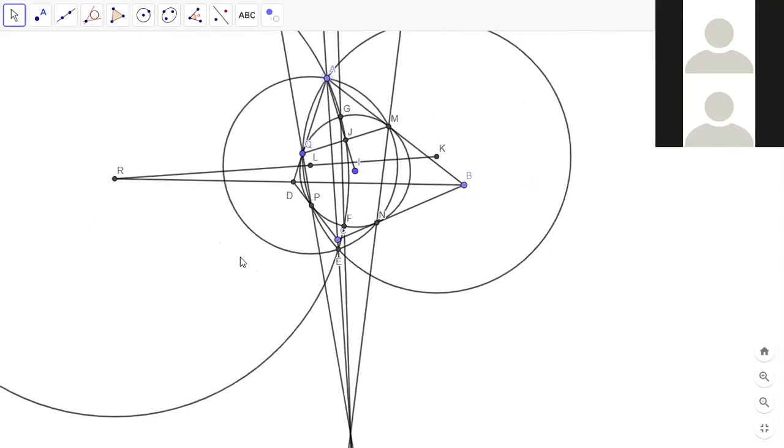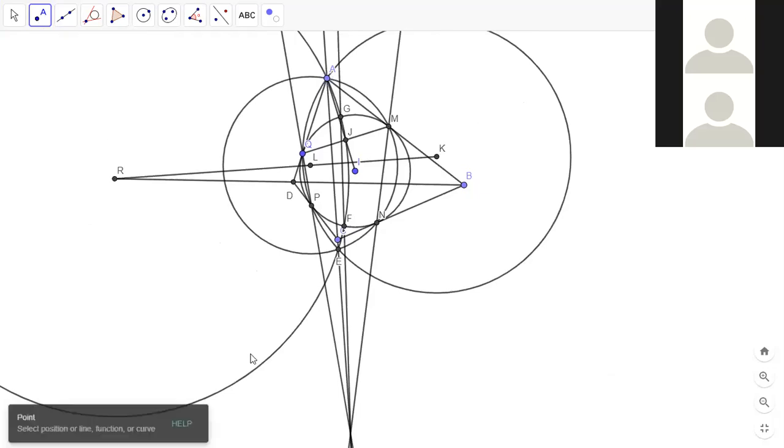Sorry, this is so messy, I know. This doesn't look so bad though. I kind of like this diagram right here.